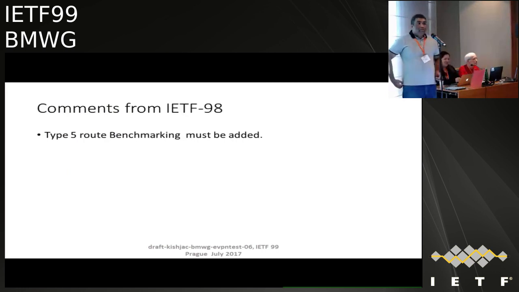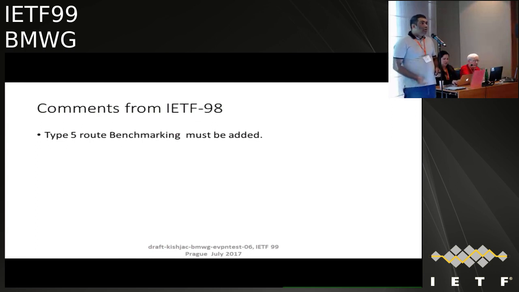The comment from the last IETF was that they want type 5 routes, because type 5 route was not a part of the RFC, which came as a separate draft. There are a lot of drafts going on in the BESS working group. EVPN and PBB EVPN are the two RFCs with the vanilla features.